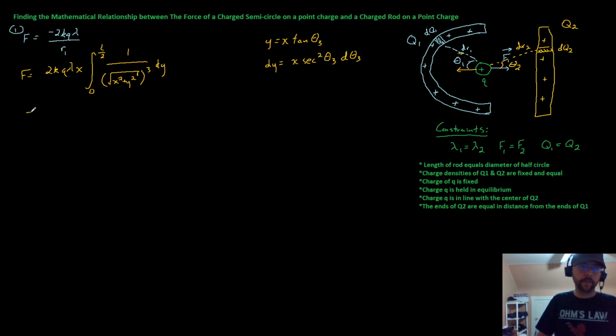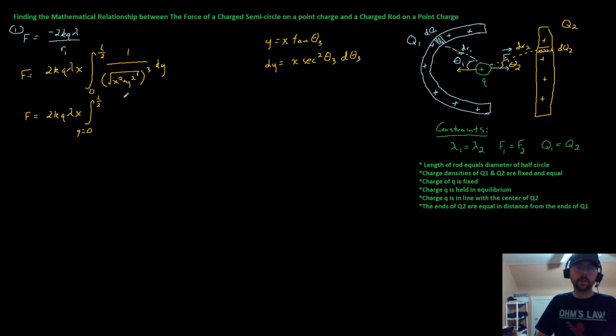Alright, so f equals 2k q lambda x integral from, now I want to label these because I'm not going to change the bounds of integration. There's still going to be y, so y equals 0 and y equals L over 2. So y equals 0, and I probably won't label the top because I don't have a lot of room, but it's y equals L over 2. That'll help me remember for later.